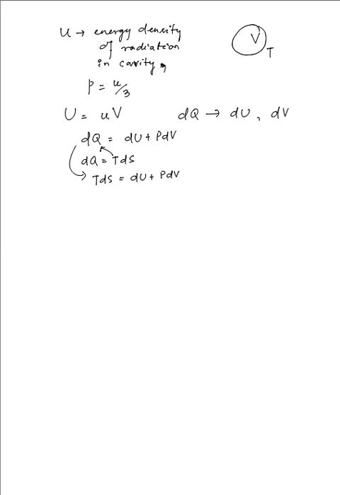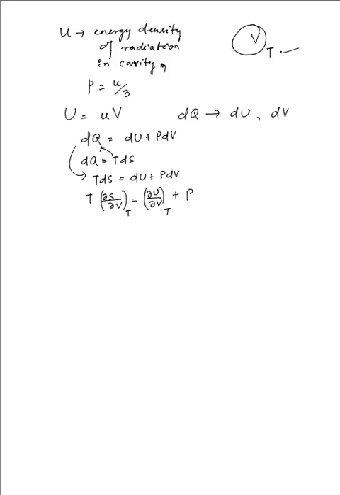Now, this can be written in the form of partial derivatives, where we have T del S by del V equals del U by del V plus P, and all of that at a constant temperature T, which was maintained over here.